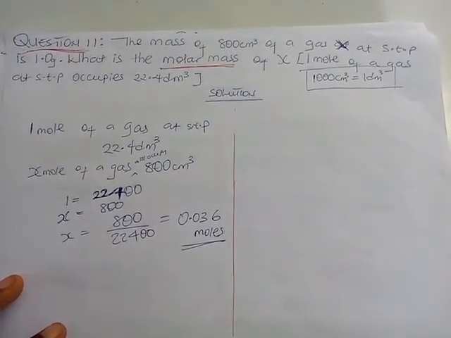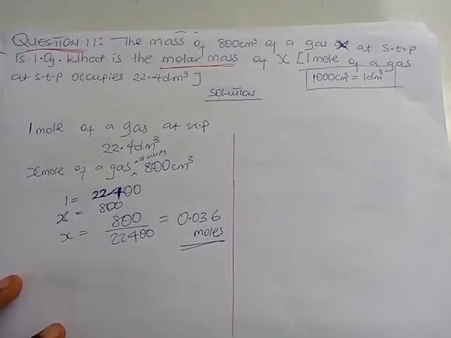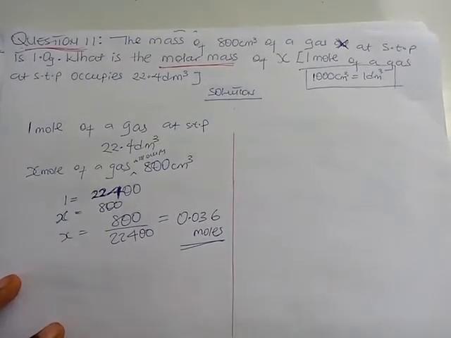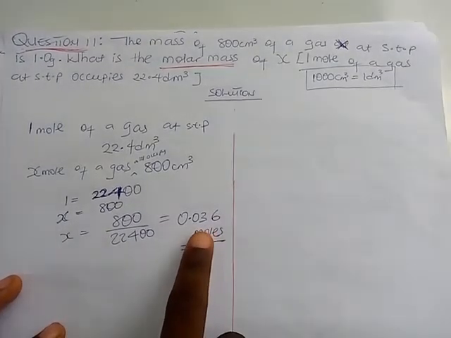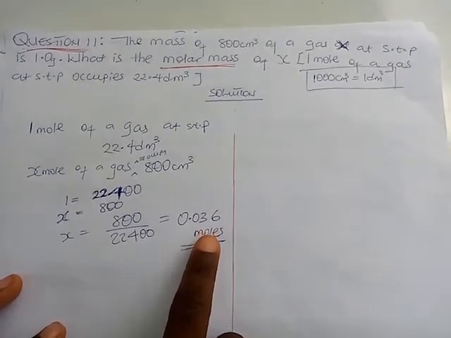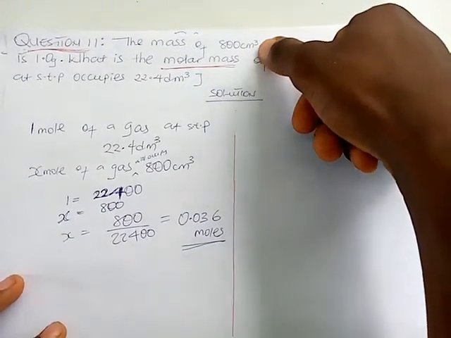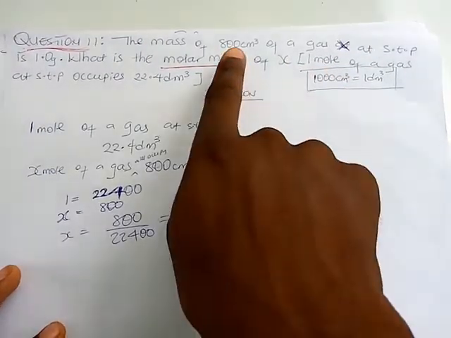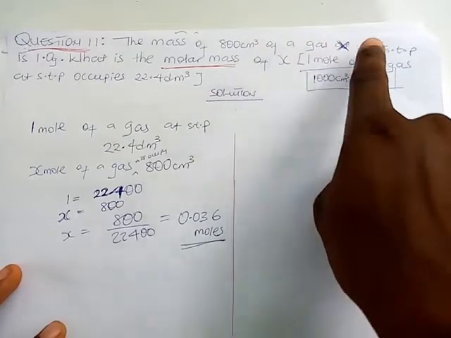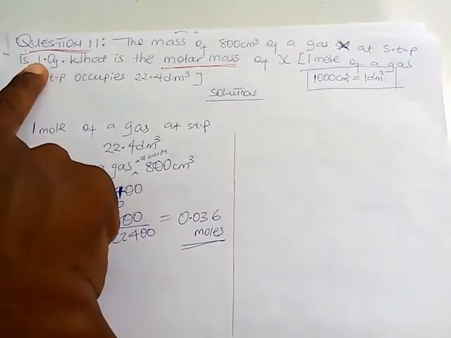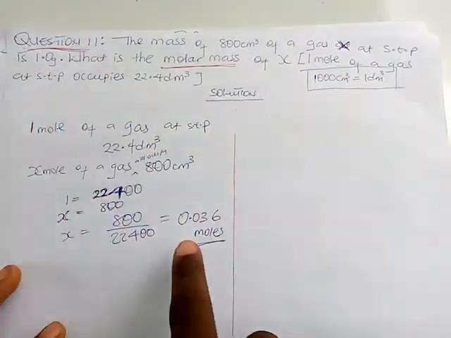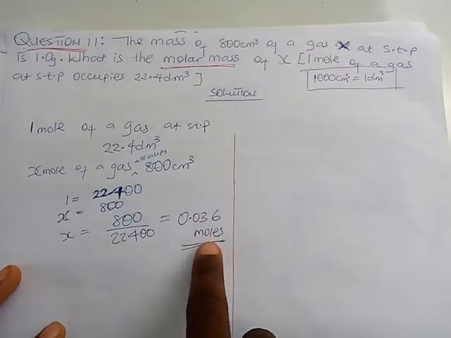So if you look at this question, we'll discover that the mass for the mole we obtained has already been given to us. We obtained the mole from this volume and this hint. So that means 800 cm cube weighs 1 gram and the number of moles it contains is 0.036 moles.